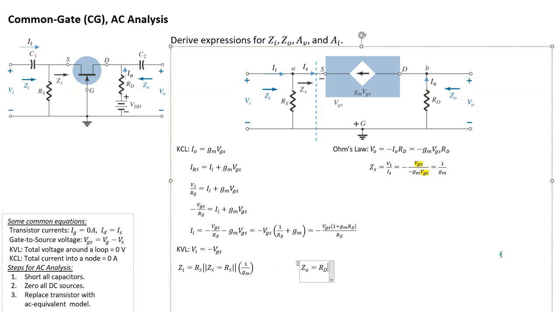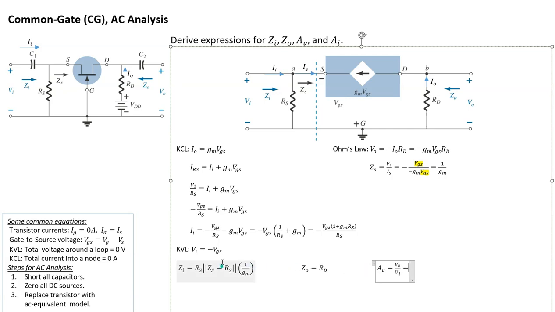All right, now let's have a look at the next part, which is AV. Maybe I can put it over here. So what is AV? Well, AV is defined as VO, the output voltage, divided by the input voltage, VO over VI.